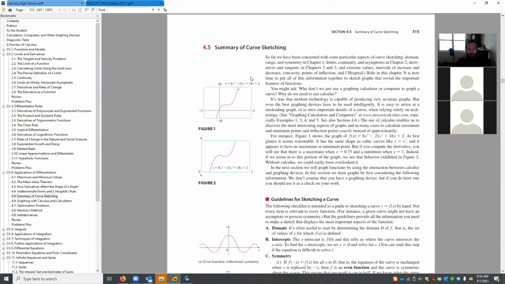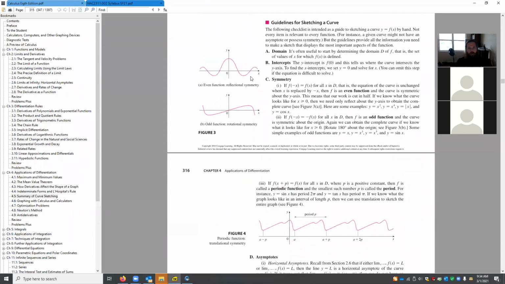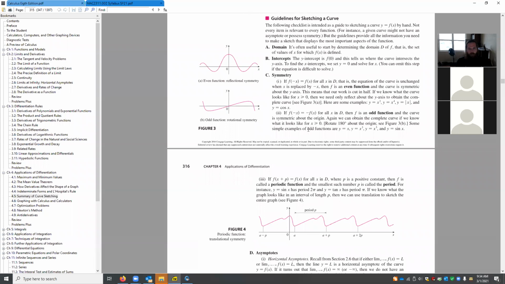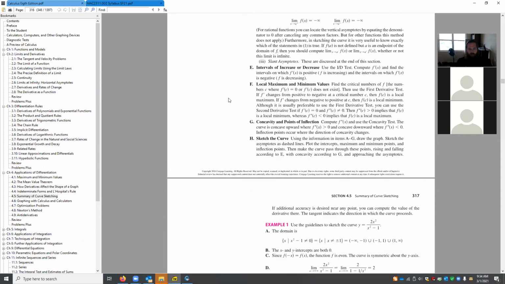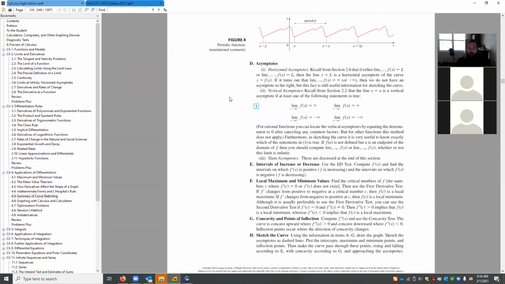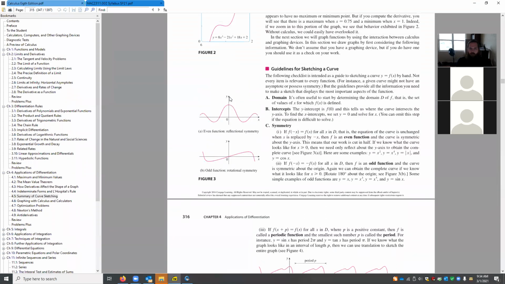That's precisely what we're going to do today. I'm going to run you through this algorithm. You see here it's quite long, right? It goes all the way out to H, steps A through H, to get a beautiful graph of relatively complicated functions. Unfortunately, this still takes a little while, so we're not going to get to do a bunch of examples, but we will get to do some, and I'll try to do as many as we possibly can.